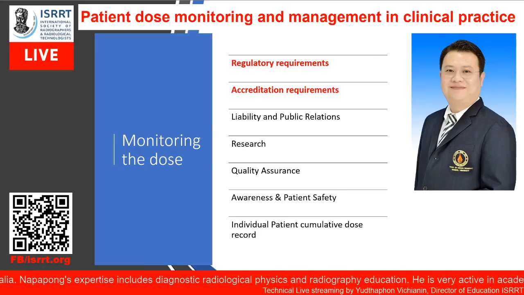And this issue is becoming very popular at the moment: the individual patient cumulative dose record. You want to see, for a single patient, how much he or she has been exposed during the past year, something like that. So we have to accumulate the doses that a person has already been exposed to.